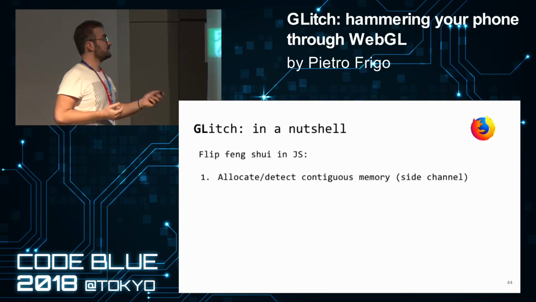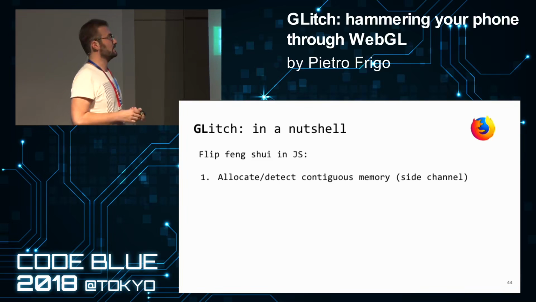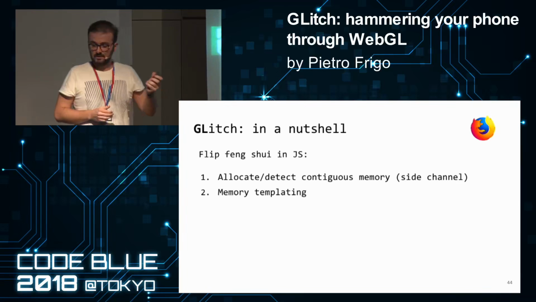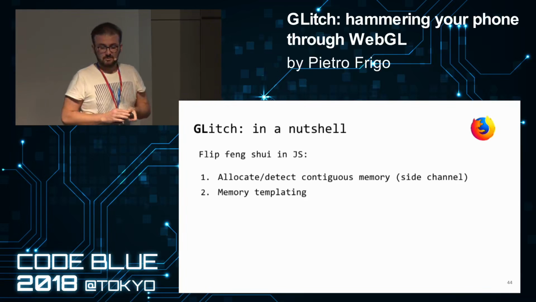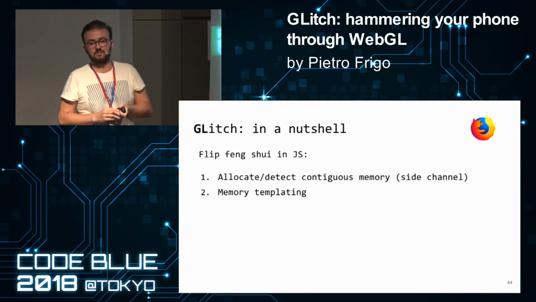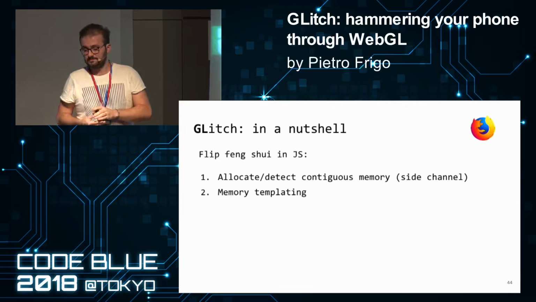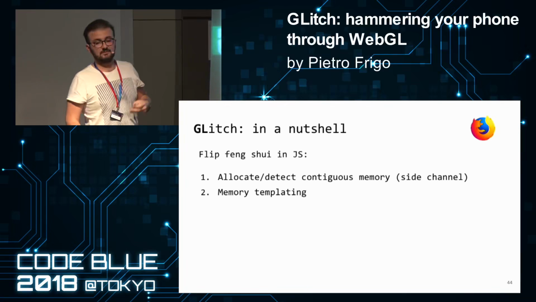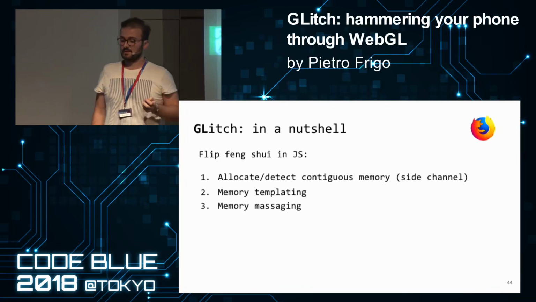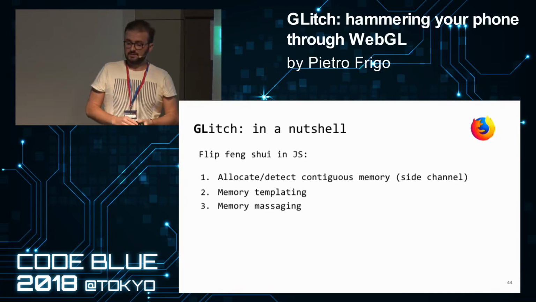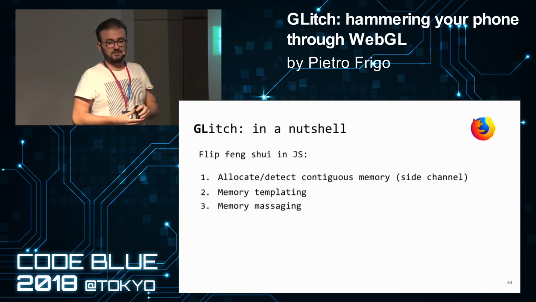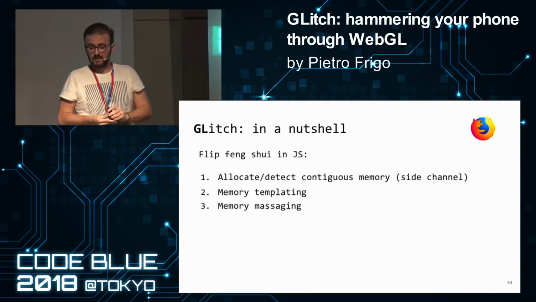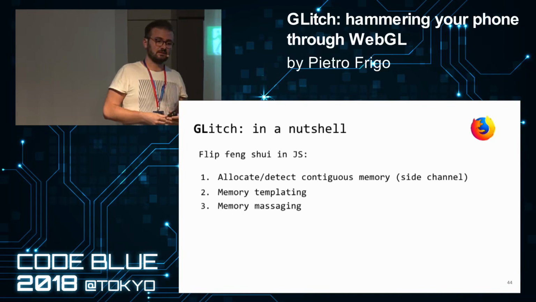The first step, which is specific for our attack, is you need to allocate and detect contiguous memory. So we use our side channel. Then what you need to do is memory templating. Memory templating is the process of looking for exploitable bit flips. Basically, you just allocate a big chunk of memory, and then you start scanning for these bit flips until you find them. Then you perform memory massaging, which is the process of releasing the texture that you found with the vulnerable cell, and triggering the allocation of sensitive data.